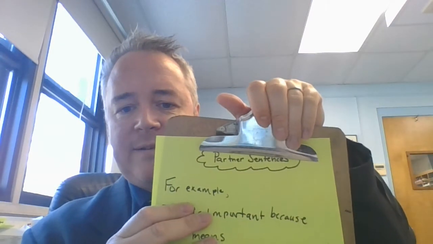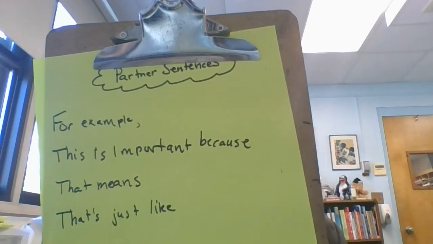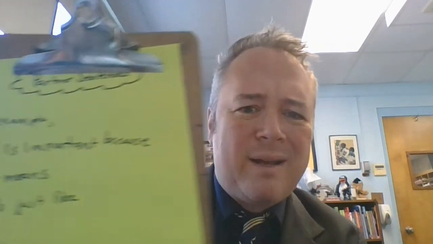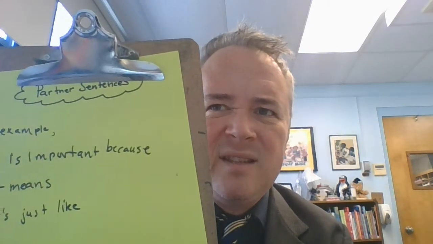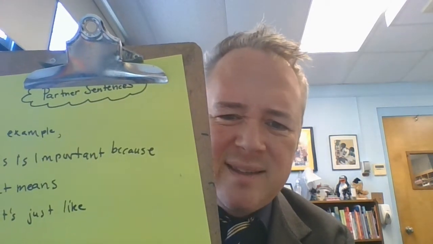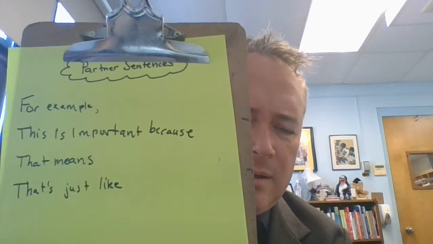Okay, so I think I have more to say. So let me look at my partner sentence starters. I've got, for example. I can't really say an example about that, right? Because there's no example. That's just a fact, right? This is important because... I don't know why that's important. It's just neat. So I don't think I can say anything important about that.